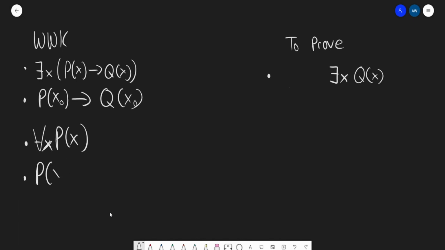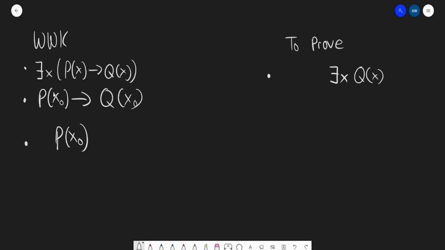So it seems pretty tempting to replace x with x0. We know that this works for all values of x, so it's definitely going to work for x0, right? So we just replace x with x0 and everything should be fine.